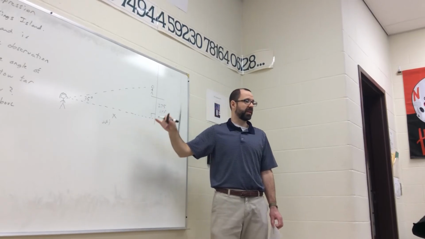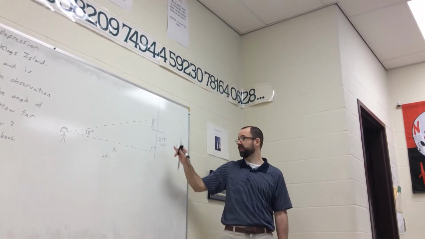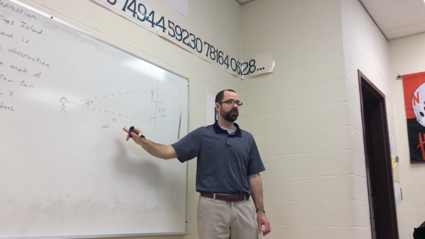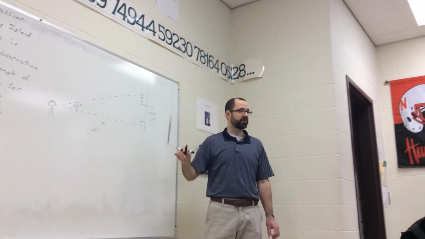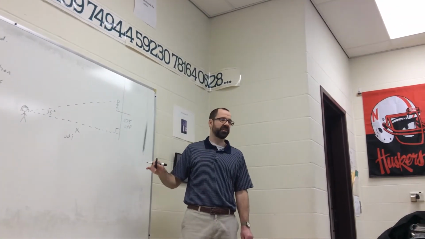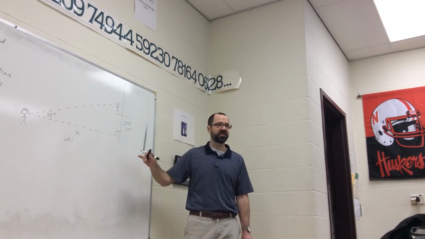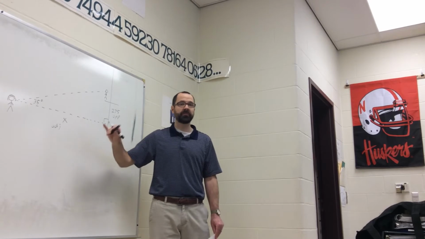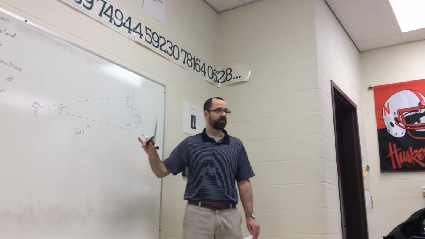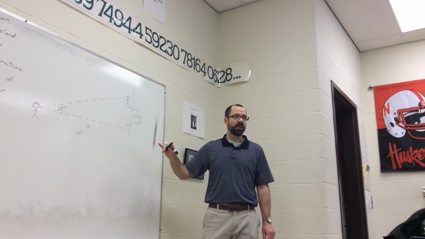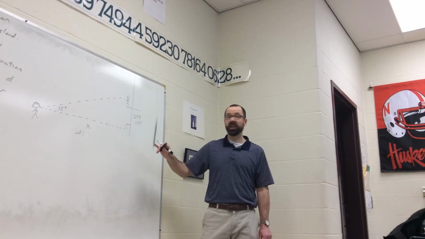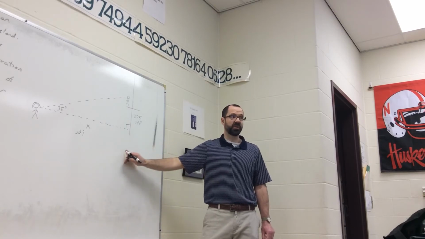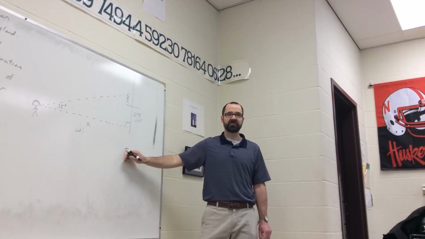So we have to then look up which trig function is opposite and adjacent. Cosine? Actually, no. Oh, so you're saying opposite is the numerator then adjacent is? That's the way it goes for one of them, yes. Which one? That's okay.